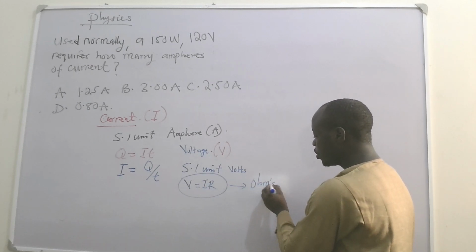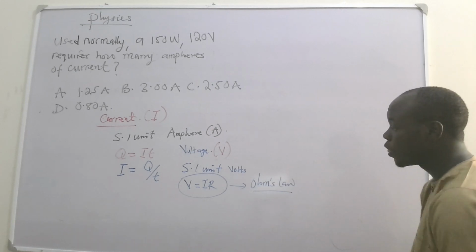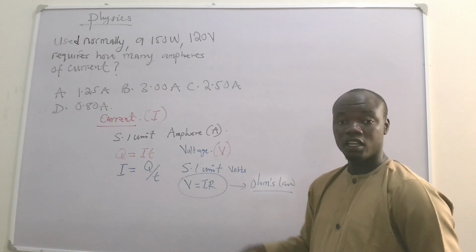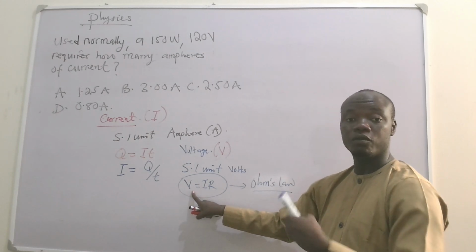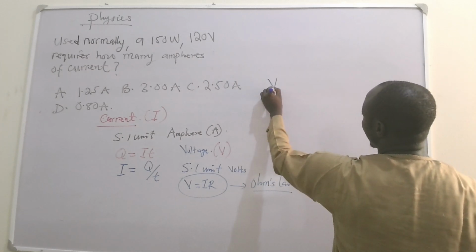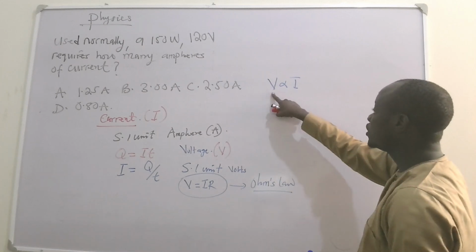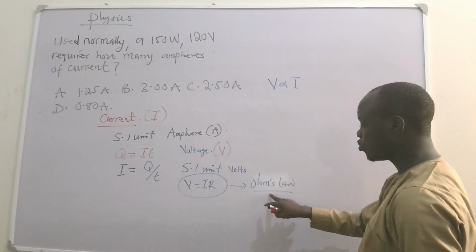Ohm's law says that the voltage is directly proportional to electric current. It means that the higher the voltage, the higher the electric current, according to Ohm's law.